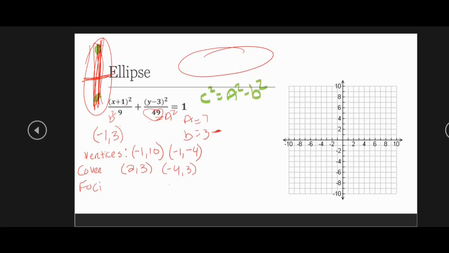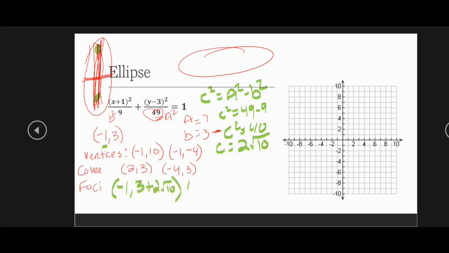So in this case, c squared equals 49 minus 9, c squared equals 40, which is 2 root 10. So our foci are going to be, again, this would stay the same, -1, and it would be essentially 3 plus 2 root 10, and -1, 3 minus 2 root 10.